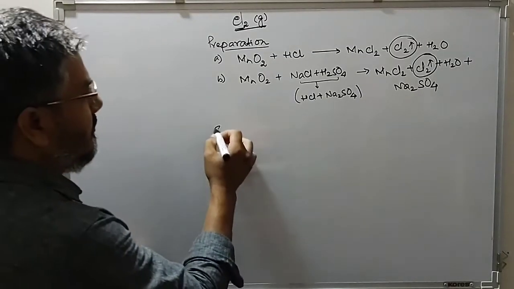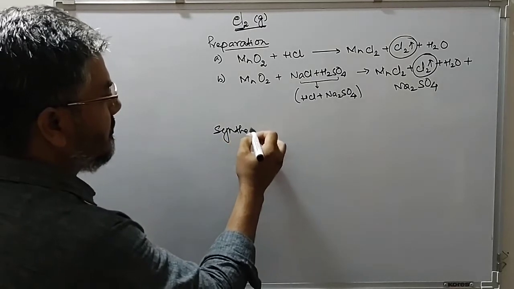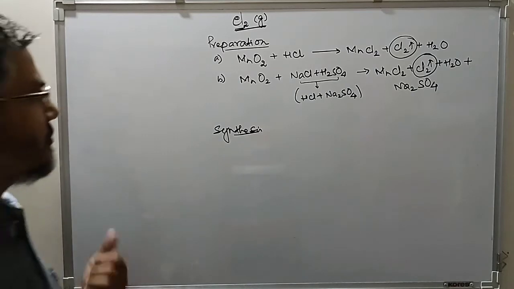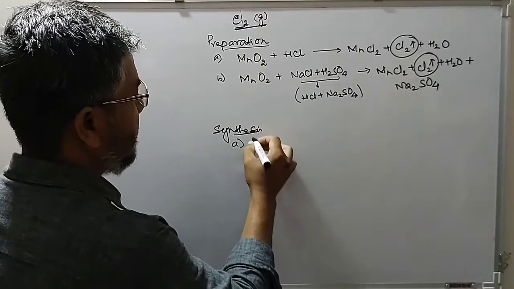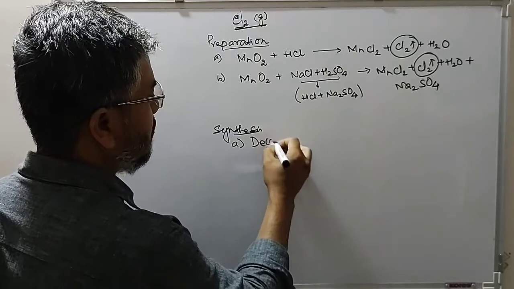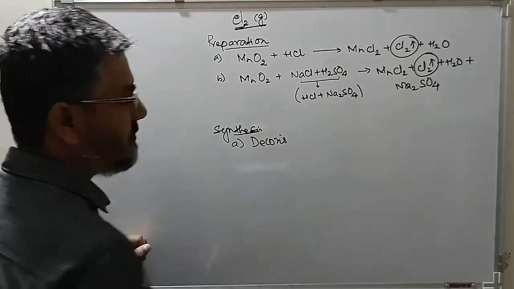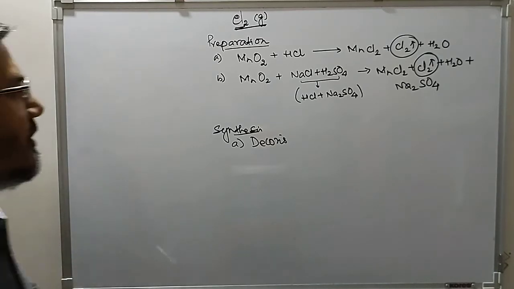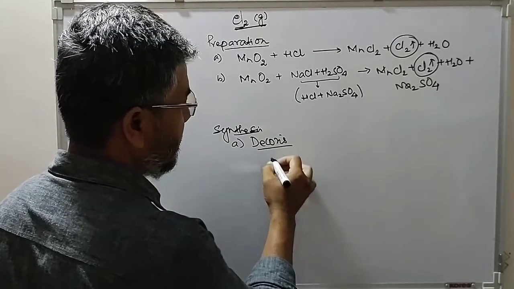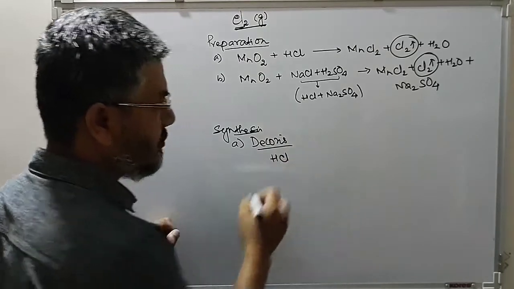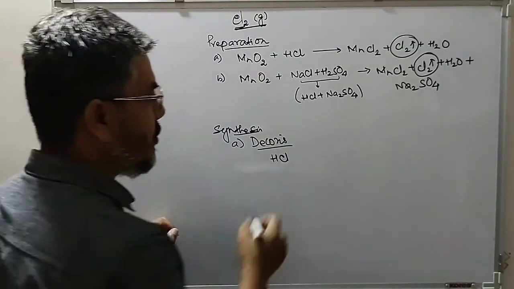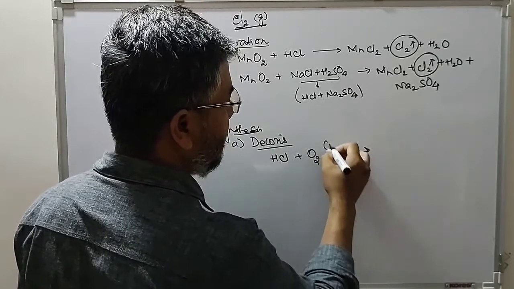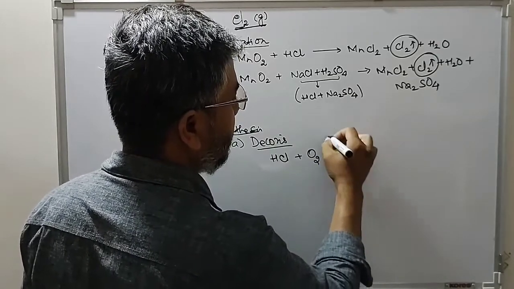Now, from a synthesis point of view, we have a process known as Deacon's process. It is used for commercial production of chlorine. In Deacon's process, hydrogen chloride HCl is oxidized with atmospheric oxygen in the presence of catalyst CuCl2.